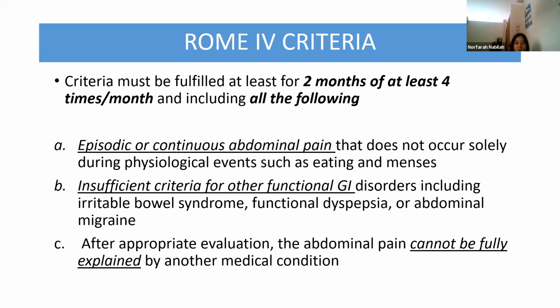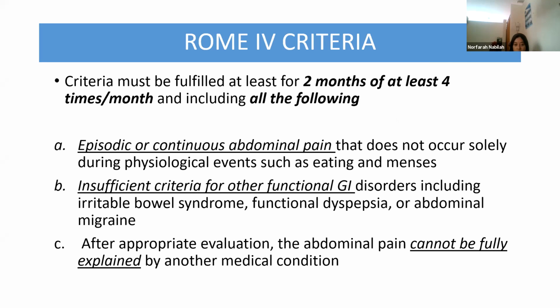Functional abdominal pain syndromes can be diagnosed based on Rome 4 criteria. The criteria must be fulfilled at least 2 months, at least 4 times per month, and including all of the following. In criteria A, there's an episodic or continuous abdominal pain that does not occur solely during physiological events such as eating and menses.